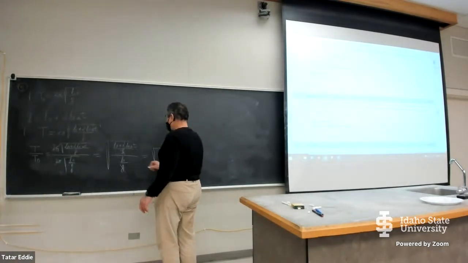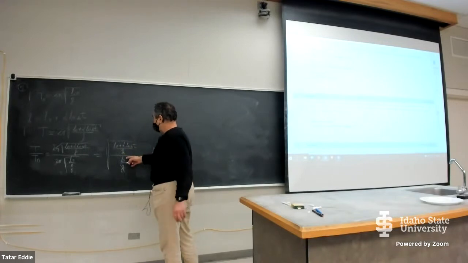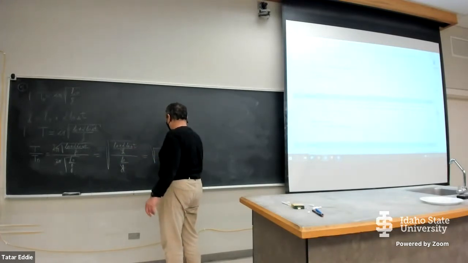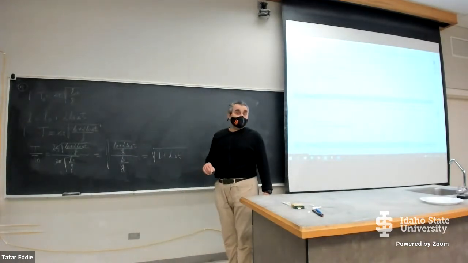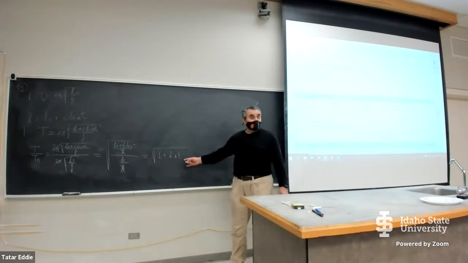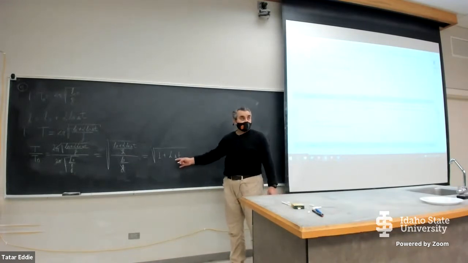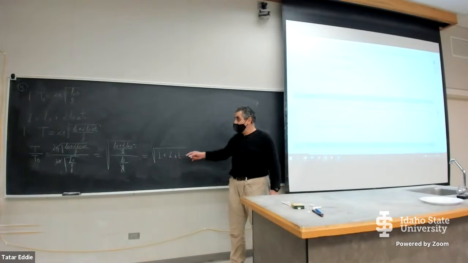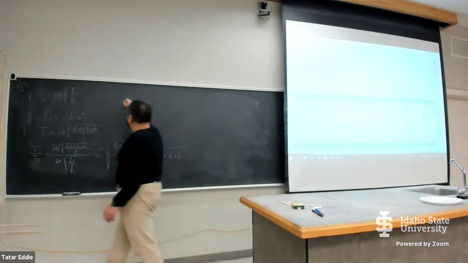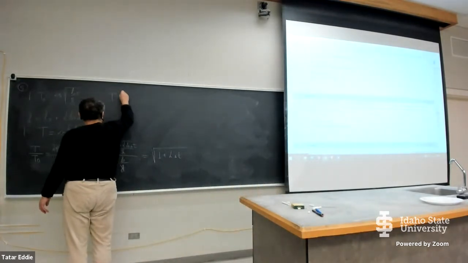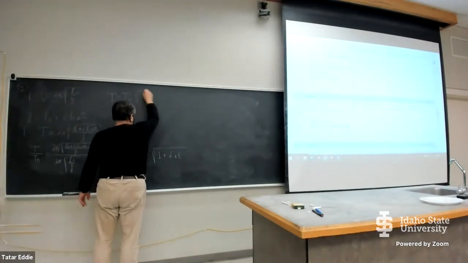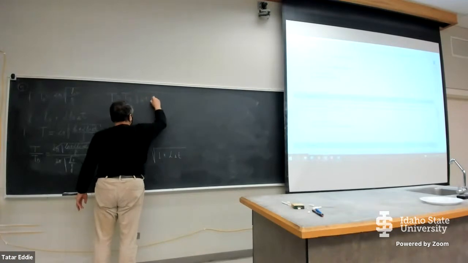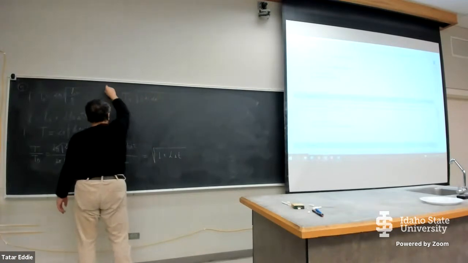So you're going to get 1 plus alpha times delta T. And that's it. Now everything in this expression is known. You have to read alpha from a table, and therefore your new period T is equal to the old period T naught multiplied by square root of 1 plus alpha times delta T. So this should be the answer.